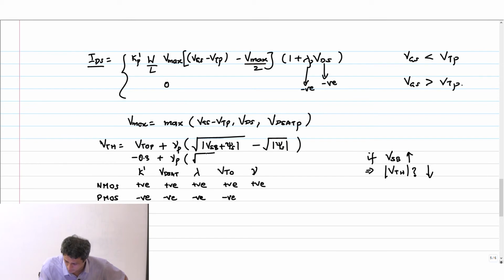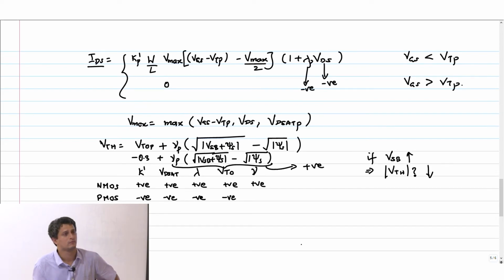Yeah. So root of mod VSB plus psi s minus root of mod psi s. This should be positive. So if VSB goes up, and gamma P into that term has to be positive, what should be the sign of gamma P?